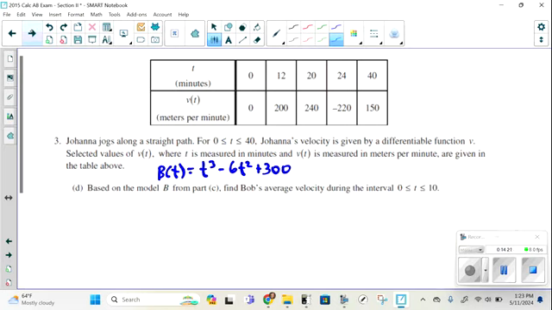Let me take a moment to talk about something that feels important. When it talks about average, in 3A, we did an average rate of change. An average, I'm going to just say ROC for rate of change. That is y2 minus y1 over x2 minus x1 all day long.